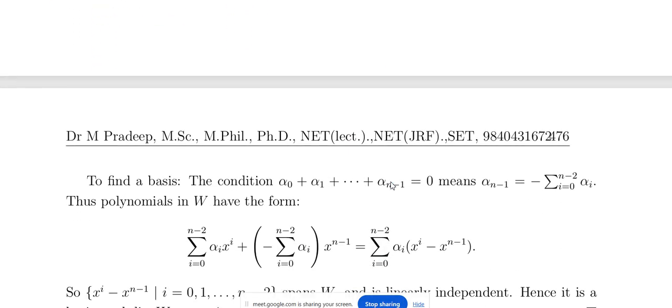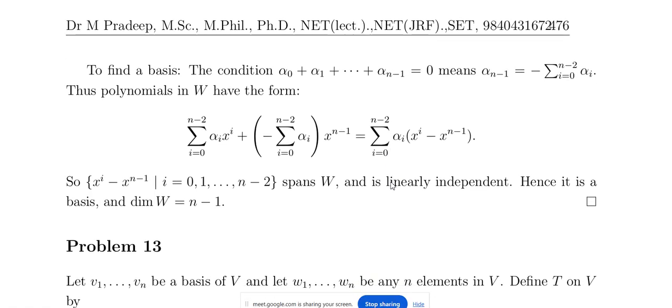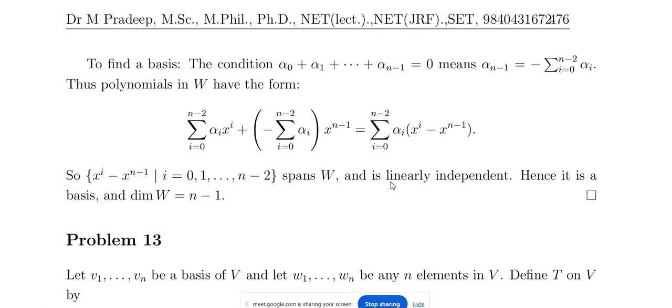So what is the basis of W over F? What are the conditions? The sum of the coefficients equals 0. This means alpha n minus 1 can be written as a linear combination of the other scalars, that is, minus the sum of the others. So a polynomial in W has the form summation i equal to 0 to n minus 2 of alpha i x power i, minus summation i equal to 0 to n minus 2 of alpha i x power n minus 1.